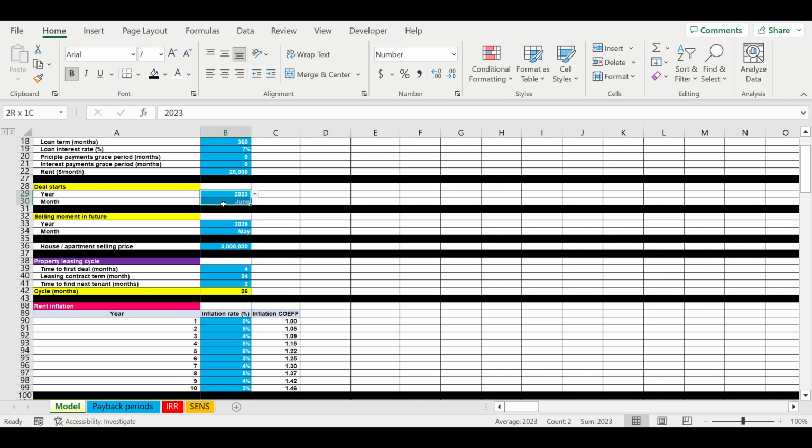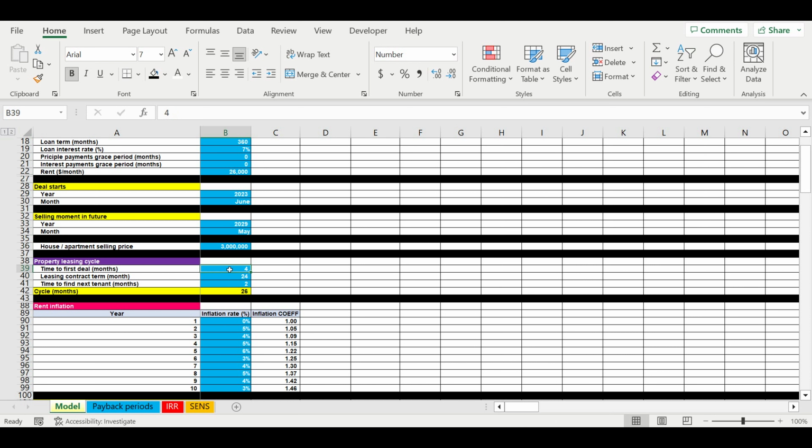So this is the moment of when the deal happens. This is the moment when we sell the house or an apartment. If we sell, we are specifying the selling price of our real estate, and then we're moving to the revenues.